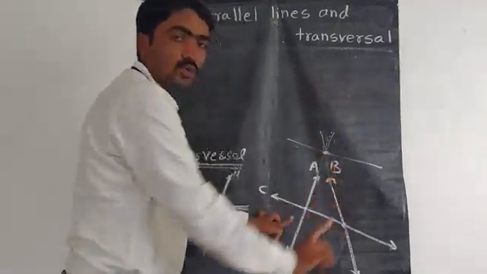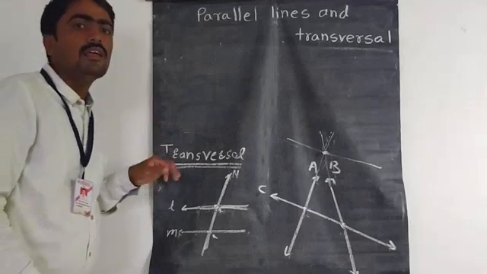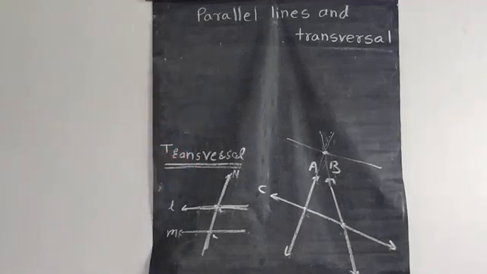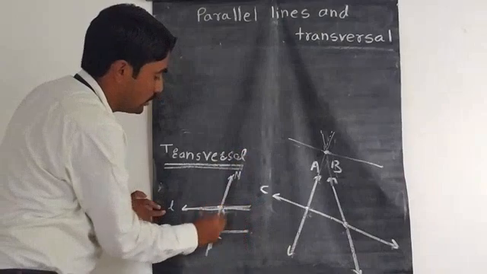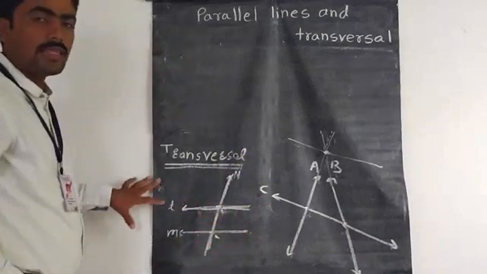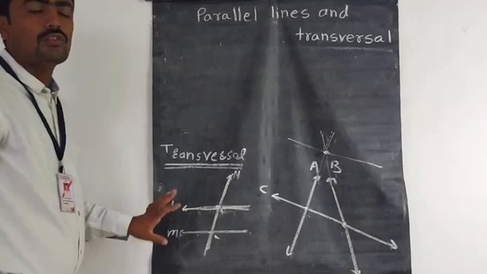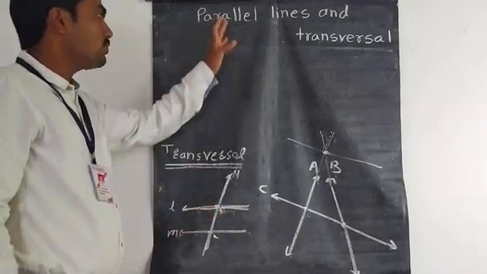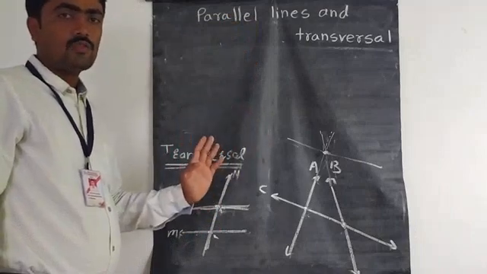These are the two distinct points. Therefore, what is the definition of transversal? That is the line which intersect two lines in two distinct points. The line which intersect two lines in two distinct points is called as transversal.